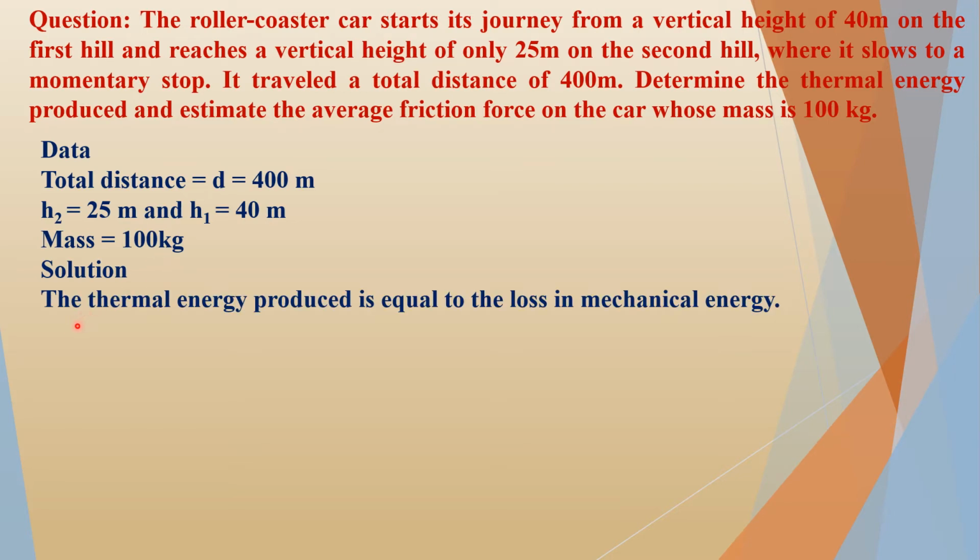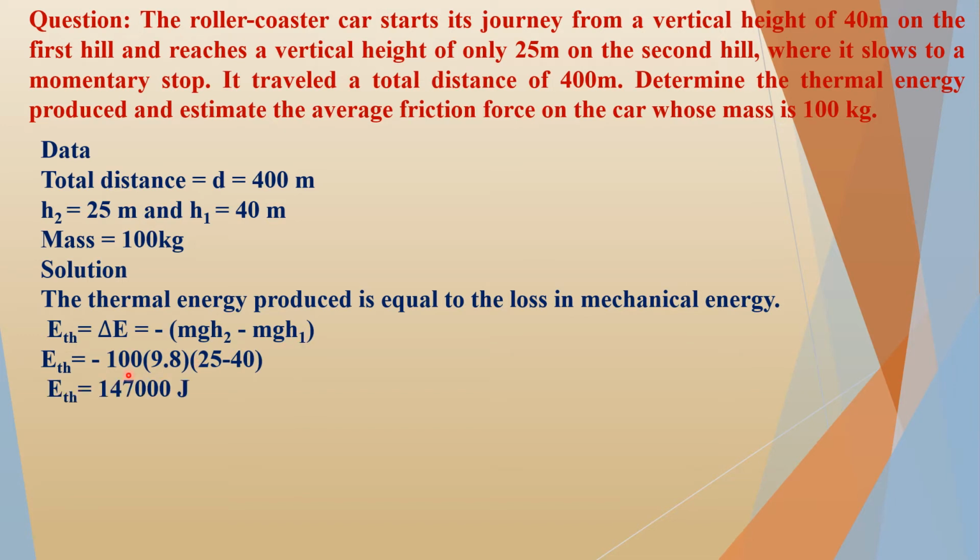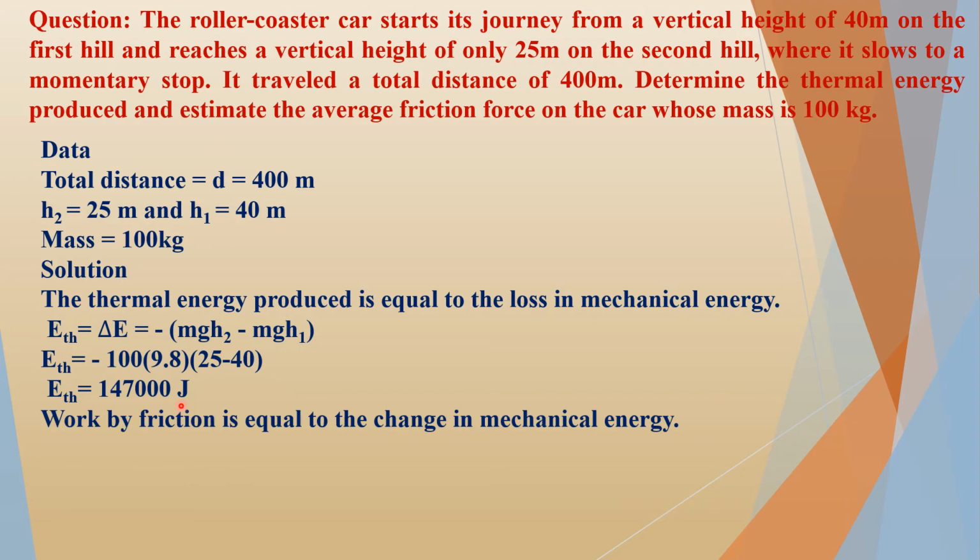Solution. The thermal energy produced is equal to loss in mechanical energy. So thermal energy is equal to delta E, which is equal to minus (mg h2 minus mg h1). Putting the values and after solving we get thermal energy is equal to 1,47,000 joules.